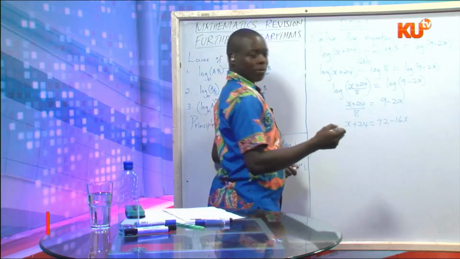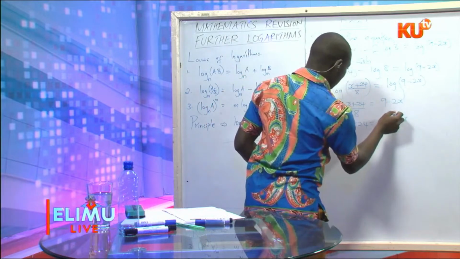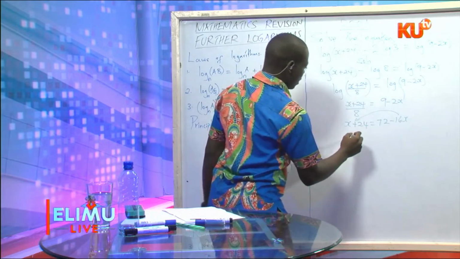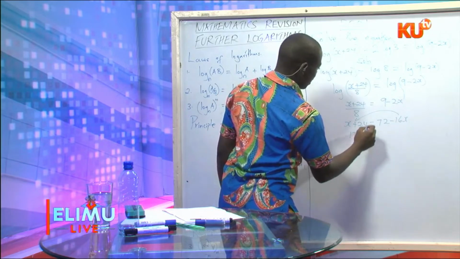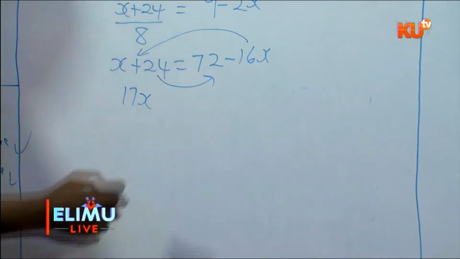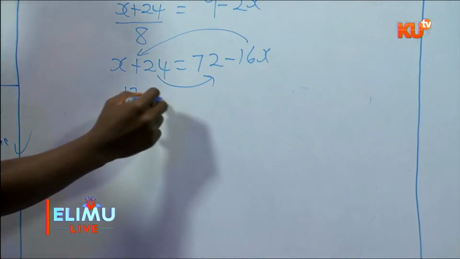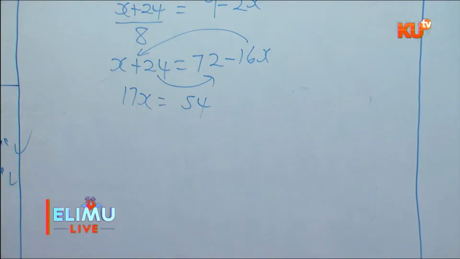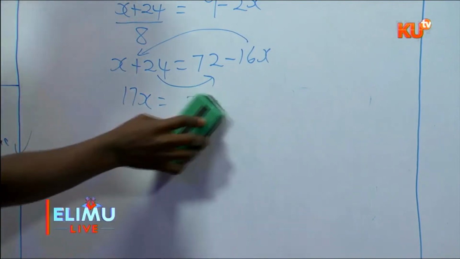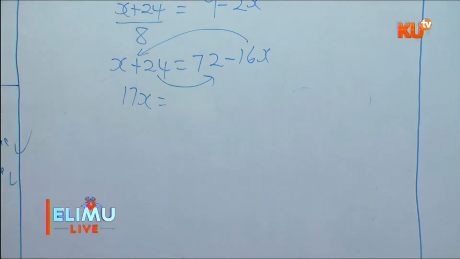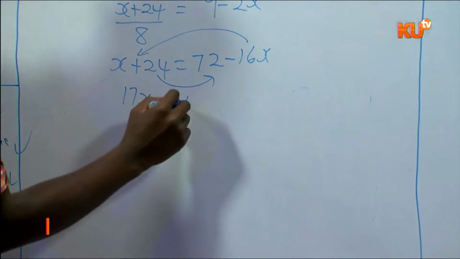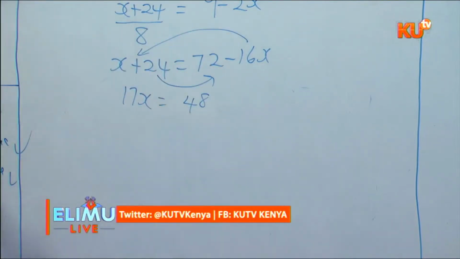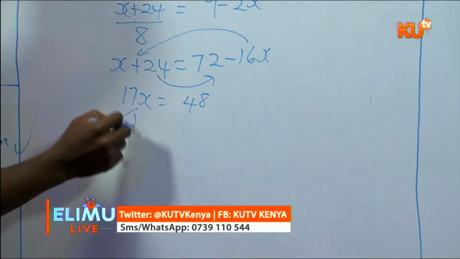We collect the like terms. This will be plus, so this should be 17x. And then 24 to the other side becomes minus, that should be 48. So we'll divide by 17.